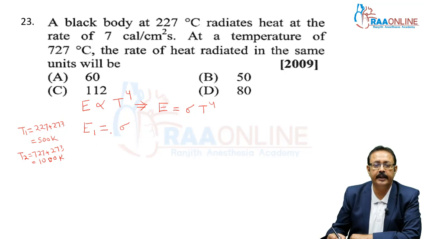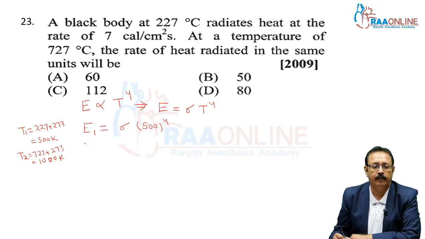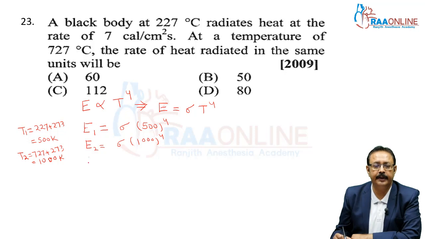So now, E1 is equal to sigma into 500 raised to the power 4. What is E2? E2 is sigma 1000 raised to the power 4. We want to calculate E2, so divide E2 by E1. Sigma will be cancelled out.